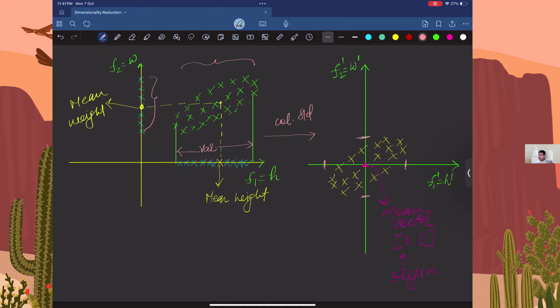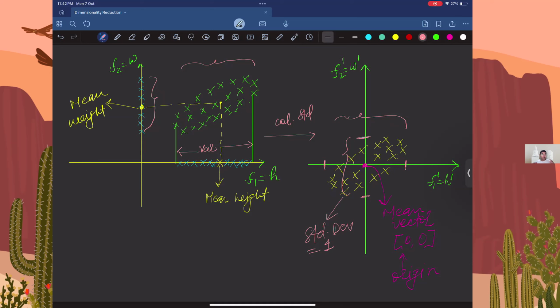So now my spread on the y-axis will be this, and this will be my spread on the x-axis, such that the standard deviation is equal to 1. Standard deviation is equal to 1. Fine.